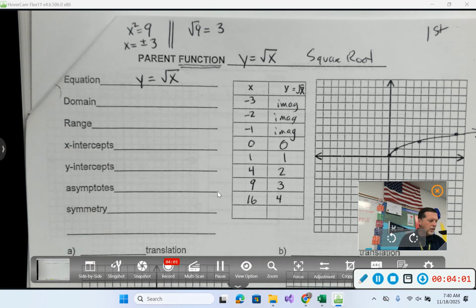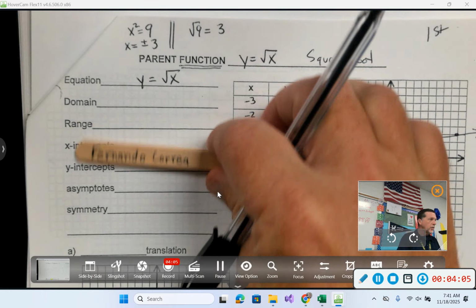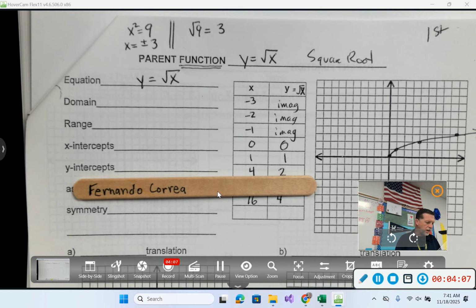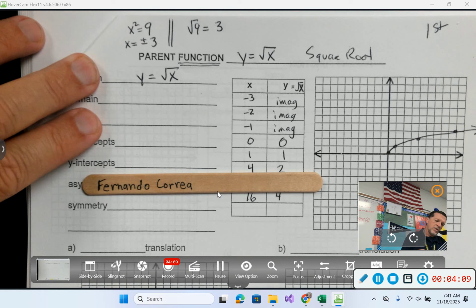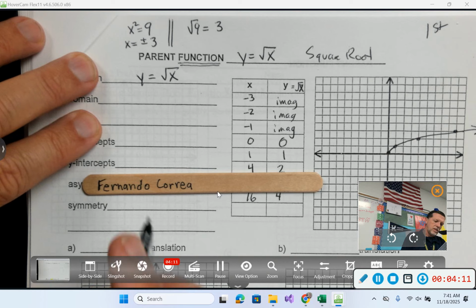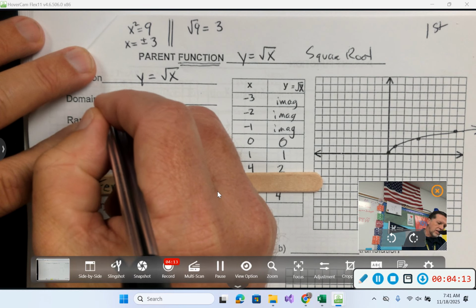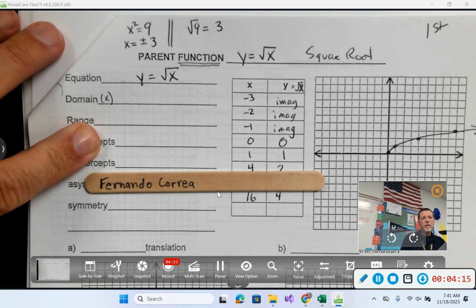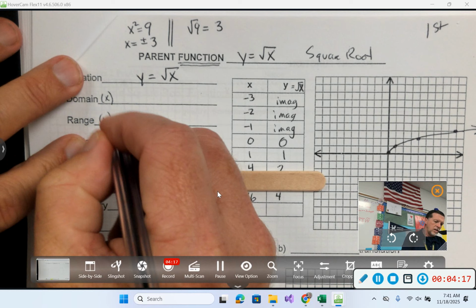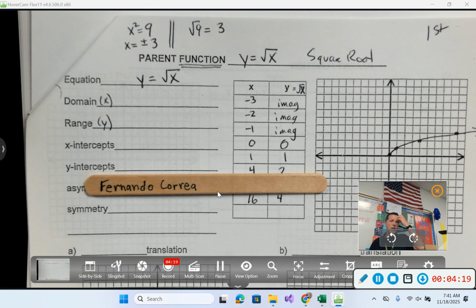Okay, domain. These are things we know, right? So, Fernando, if I look at that graph, what's the domain of that function? Yep, domain is x. So left to right, where does the graph start?